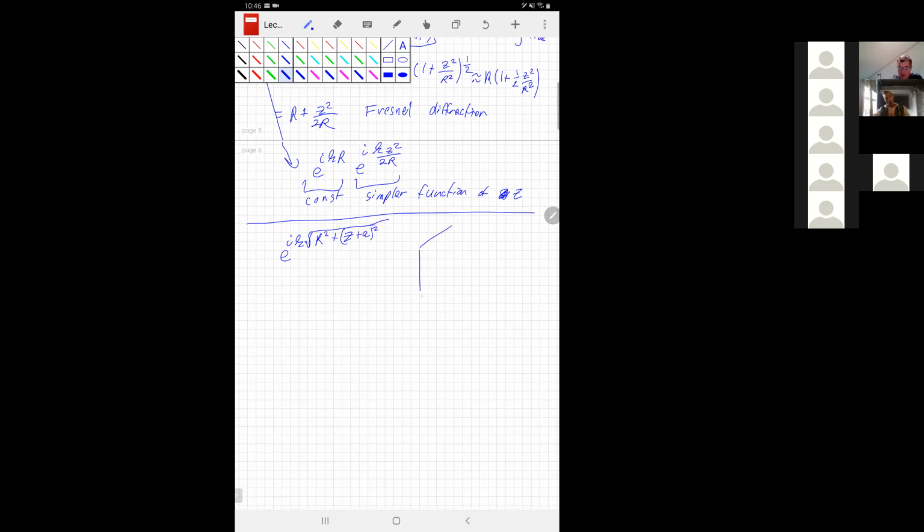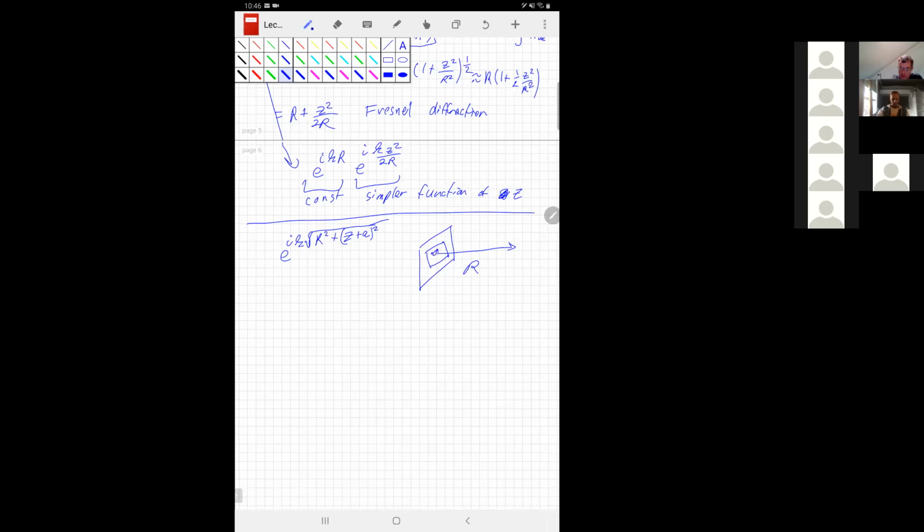Oftentimes in a diffraction problem, r might be the distance along the axis from the screen, the aperture that you're taking the diffraction pattern of, and then z and a might be two distances in this screen.